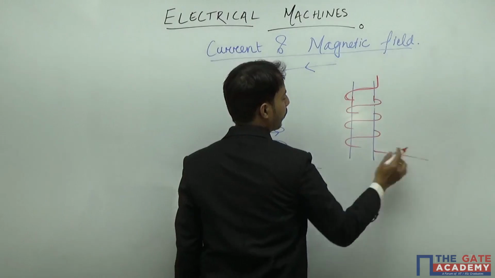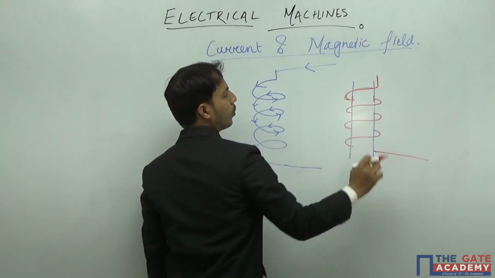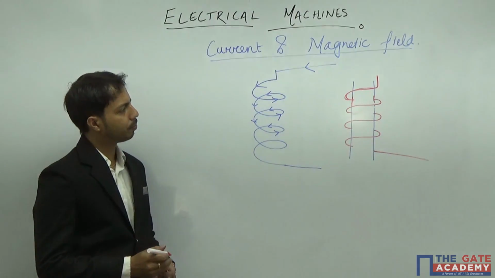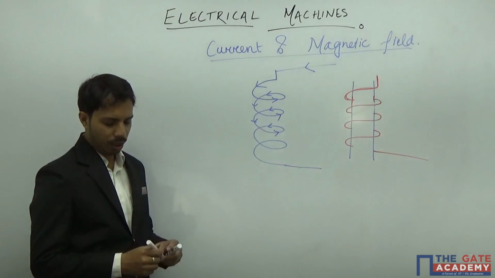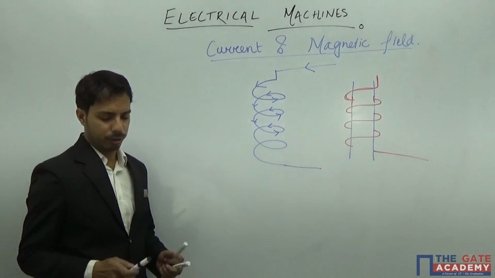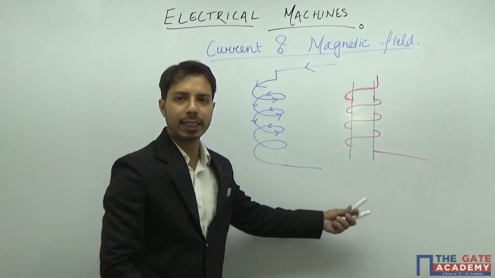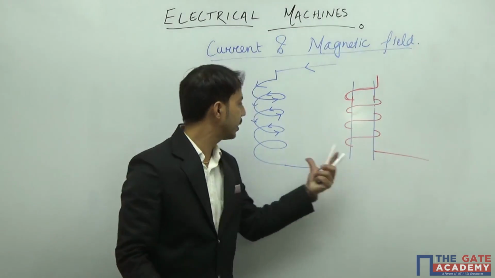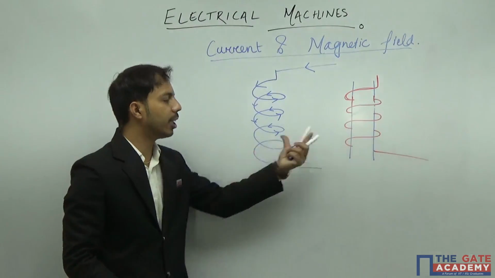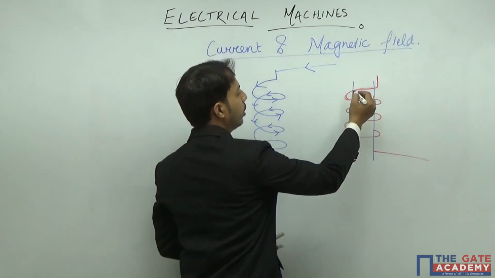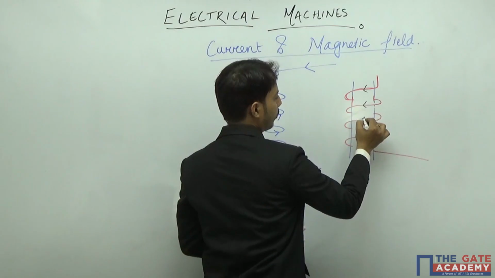Say in this way. Okay? Now what will happen? So this is the actual situation, and I am showing the direction of currents in that particular coil. So this is the actual direction.